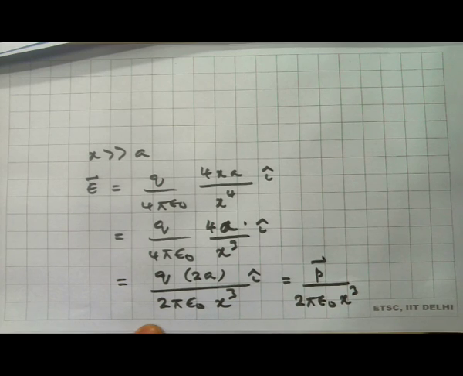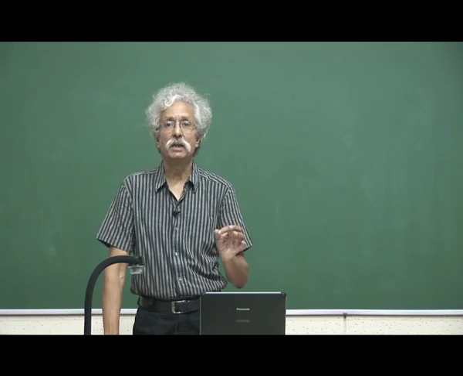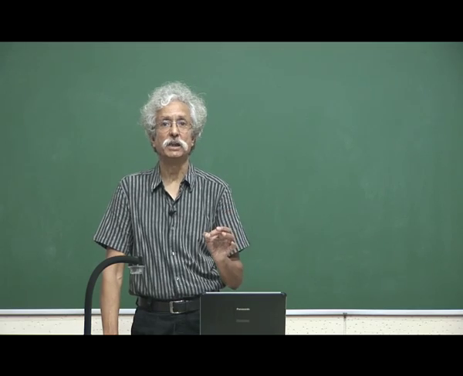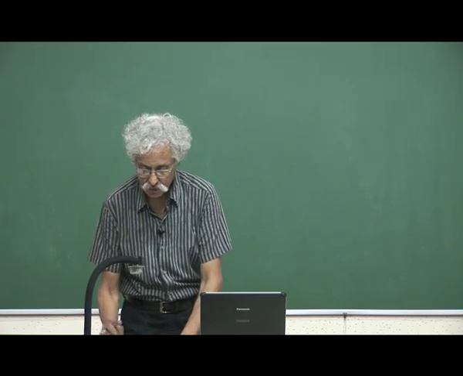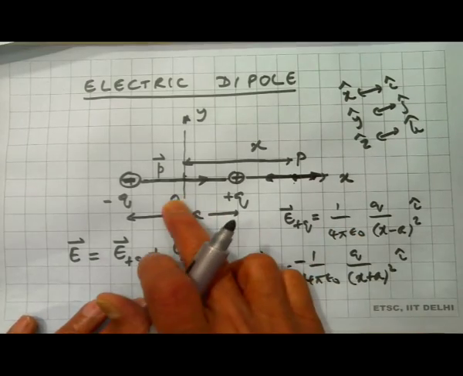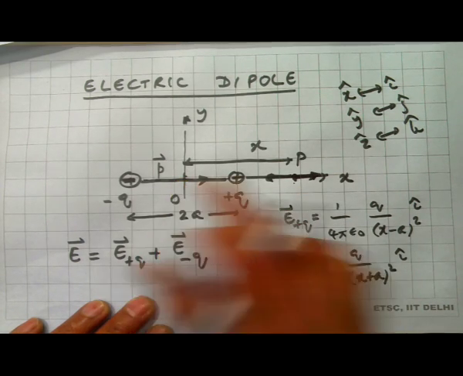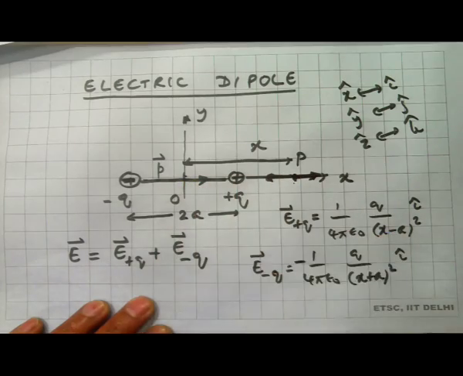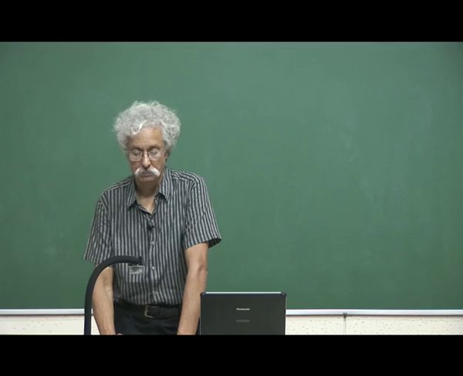So, one thing to note here is that for a point charge, the electric field decreased as 1 by distance square. So, what is x? X is the distance of this point from the center of the dipole, because along the x axis I am calculating x here. So, for the dipole the electric field decreases as 1 by x cube.